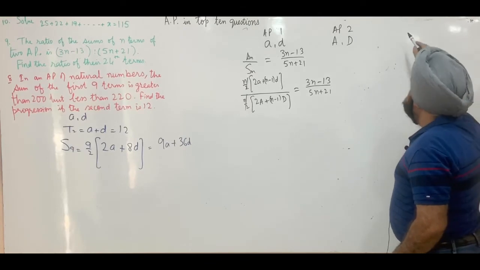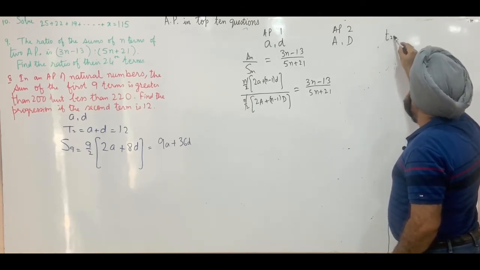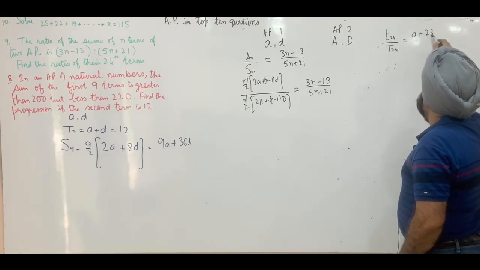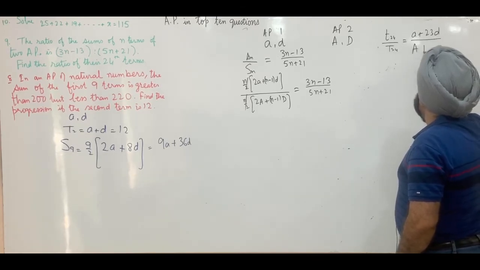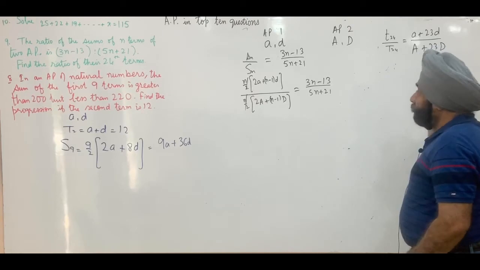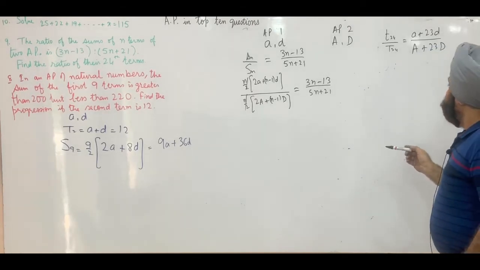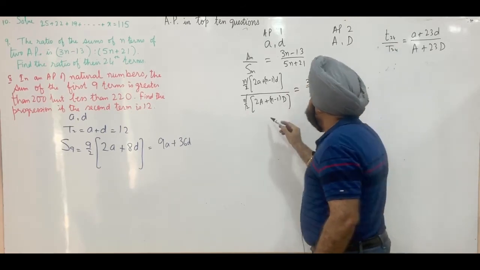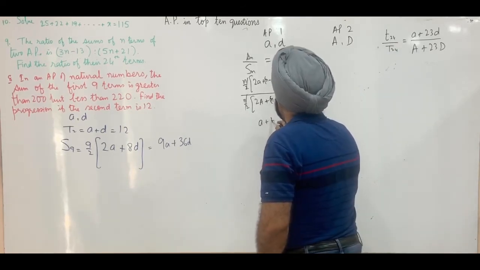We have to find the ratio of their 24th terms, that is T24 by T24: a plus 23d upon capital A plus 23 into capital D. Now from this, how do we get this? Divide numerator and denominator by 2.